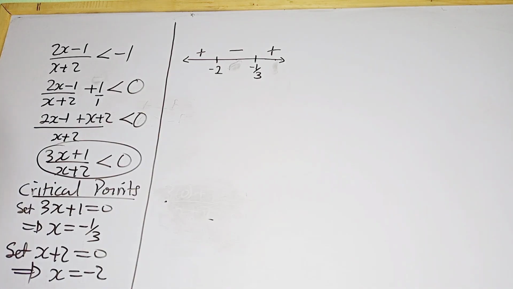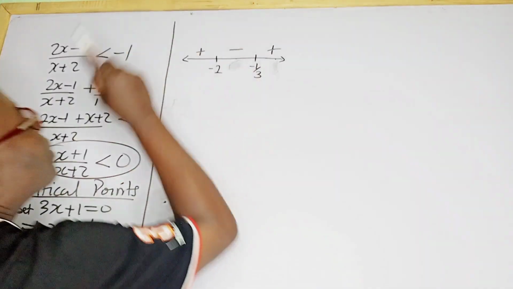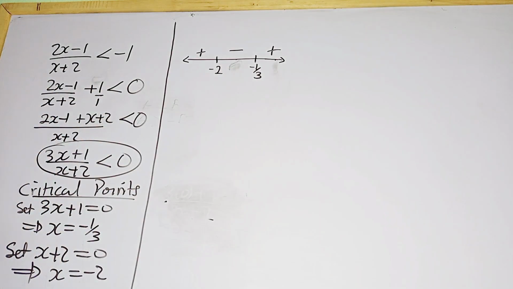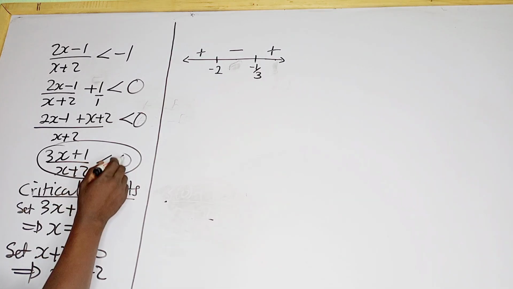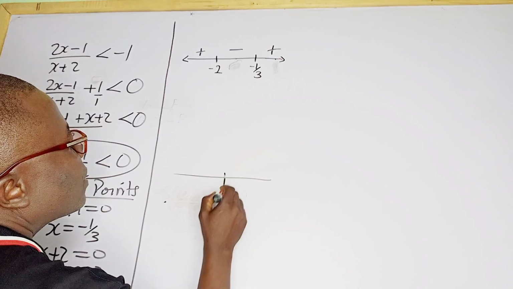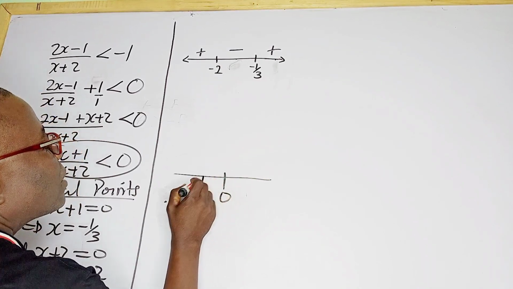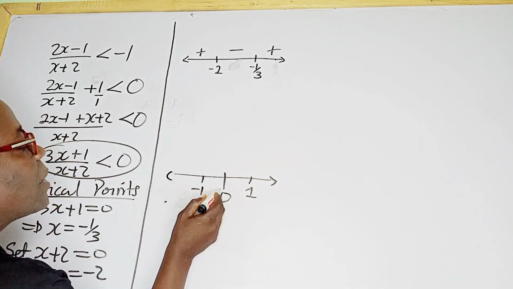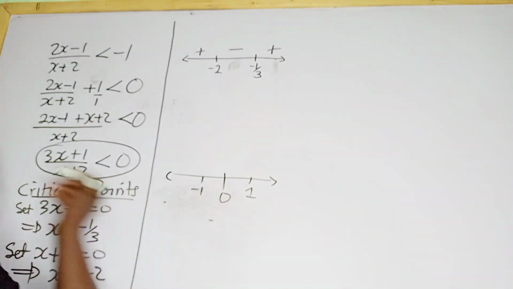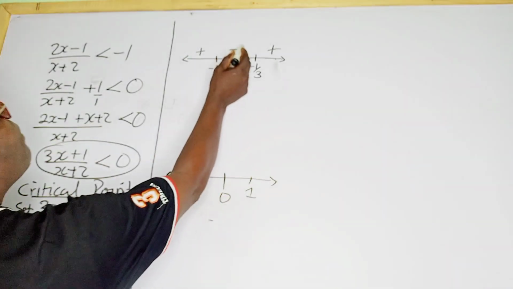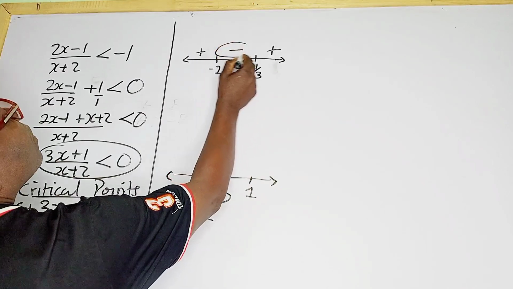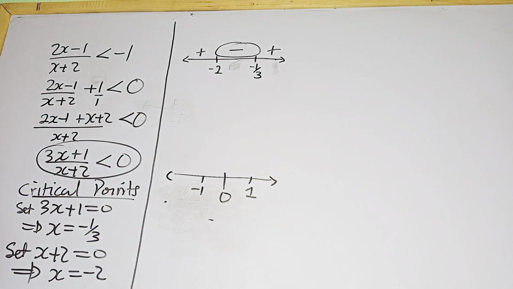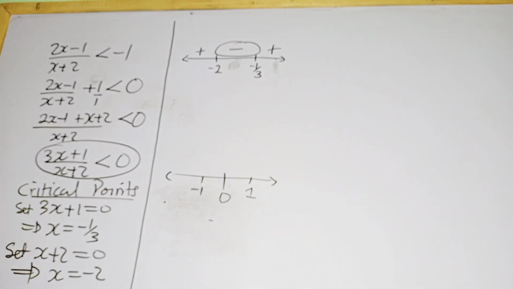Now, which of these three zones will be a valid zone for our solutions? We look here, we have less than 0. Remember, less than 0 means negative. Values here are less than 0, values here are greater than 0. So we have a negative solution here, and this zone will give us our solution set for this rational inequality.